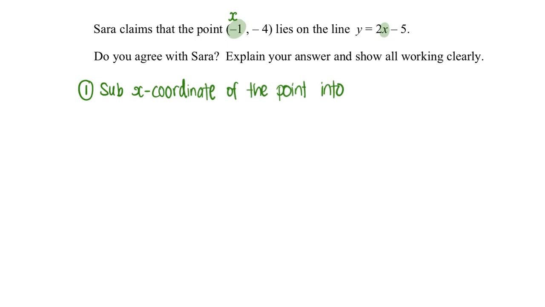So in this case, y equals 2x minus 5. And let's see what happens. So y equals 2x, but my x now is -1, minus 5. So this will give me a value of -7.